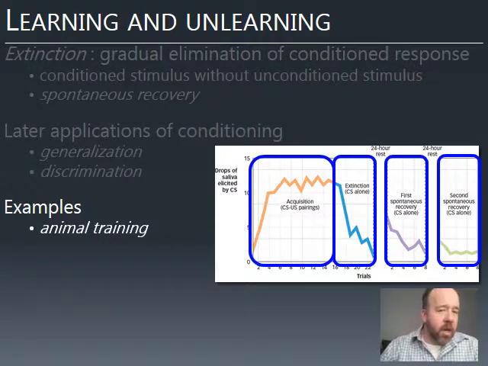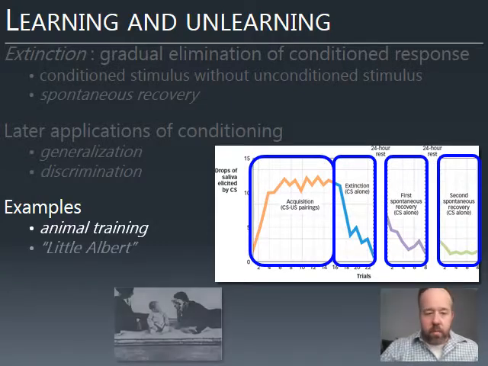And the click by itself is not pleasant or unpleasant, but the trainer can associate that click with a reward or a punishment. And after a while, the animal will respond to that click as though it were the reward or punishment itself, even though it's not. And so that's one use of classical conditioning, associating a reward or a punishment with the neutral stimulus.